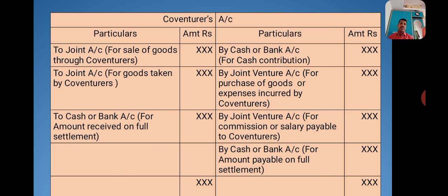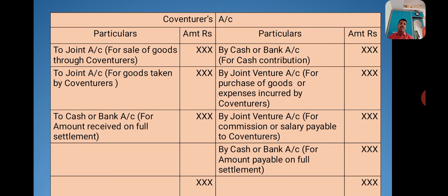If the co-ventures take over the goods or any assets, then their account should be debited. And also to cash or bank account for amount received on final settlement, their account should be debited on account of the cash or bank amount to be received on final or full settlement.